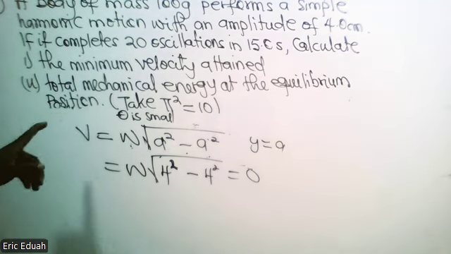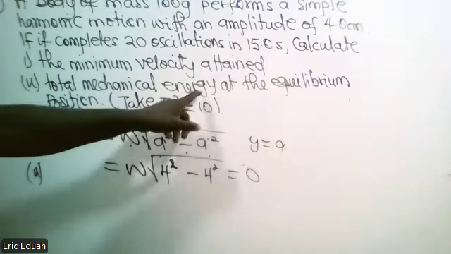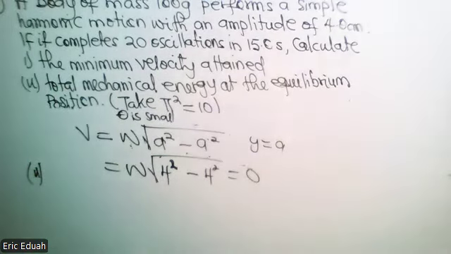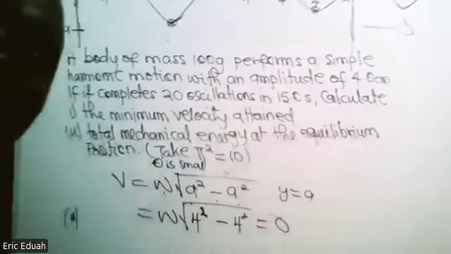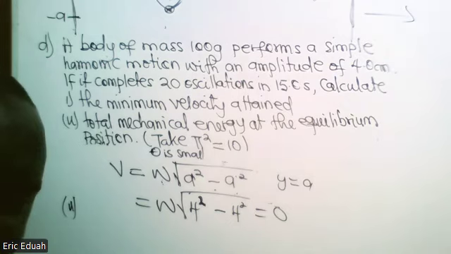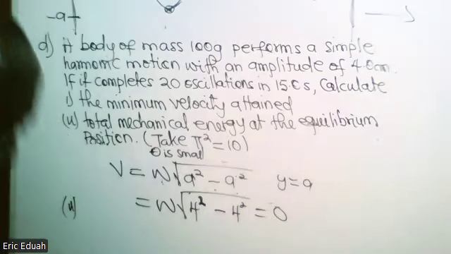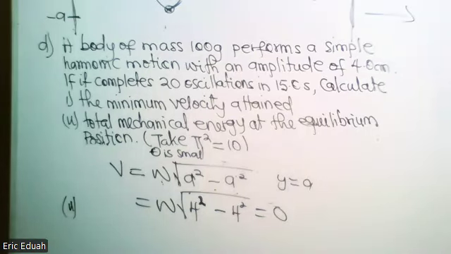Listen to this question. Calculate the total mechanical energy at the equilibrium position. Now, class, at the equilibrium position, what will be the total mechanical energy? Kinetic energy. That will be kinetic energy, because at the mean point, potential energy is 0, kinetic energy is maximum.